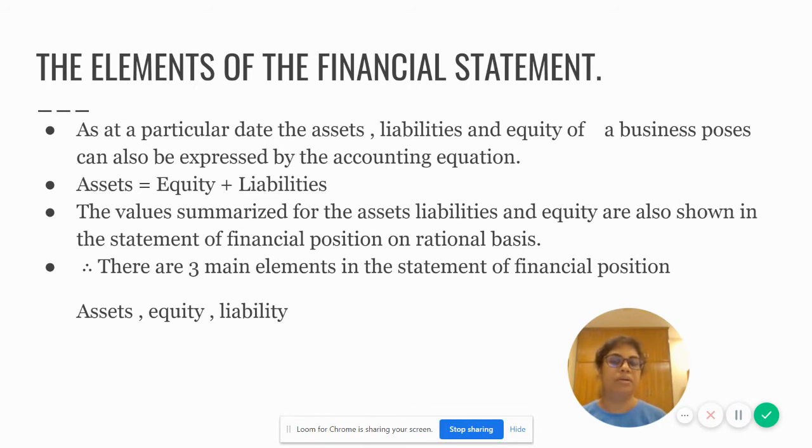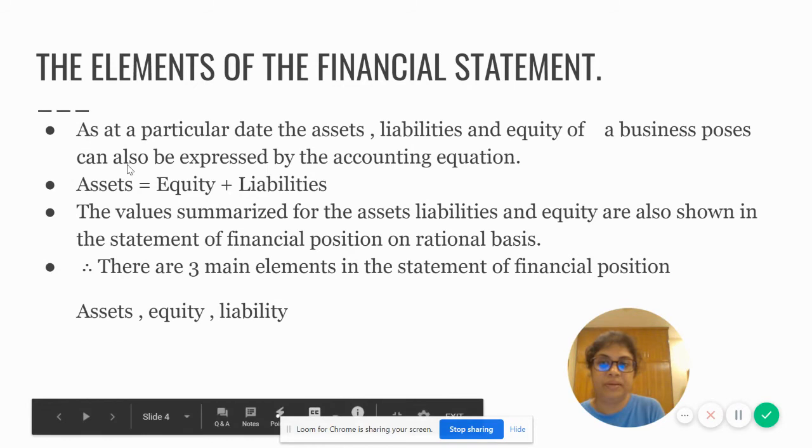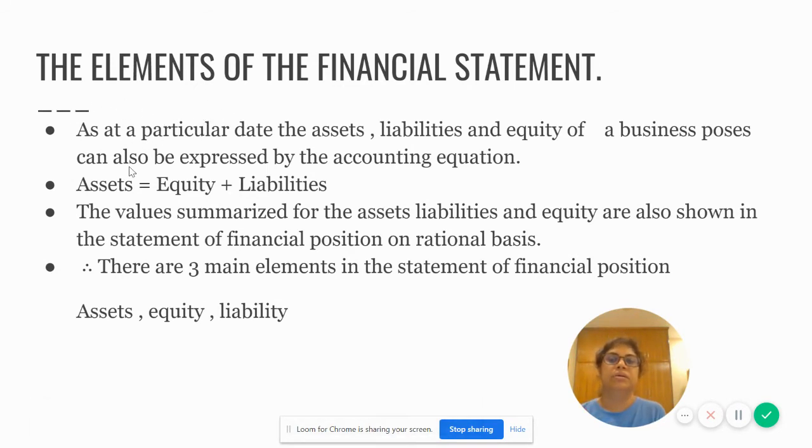There you came across this basic theory called the accounting equation, and there we equalized the total value of assets of a business at a particular date to the equity and liabilities of it. So this relationship, assets equals equity plus liabilities, is known as the accounting equation.